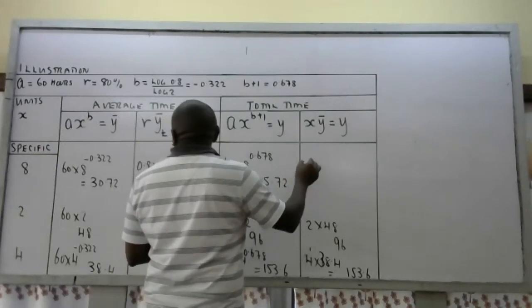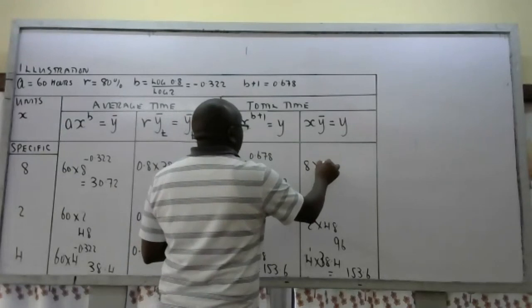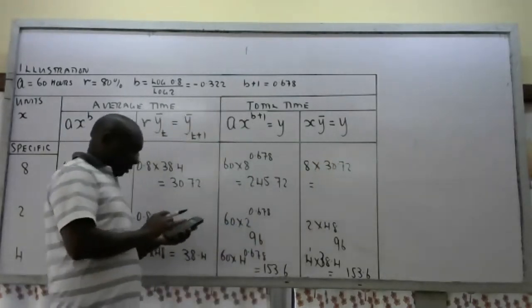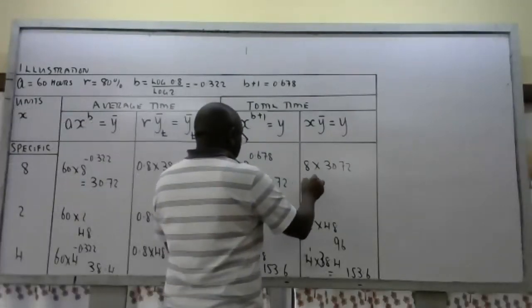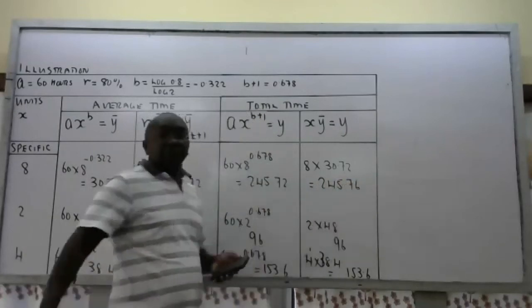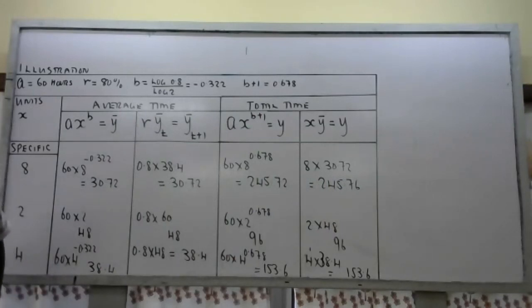And then here I will say 8 times 30.72. So 8 times 30.72, I'm getting 245.76.